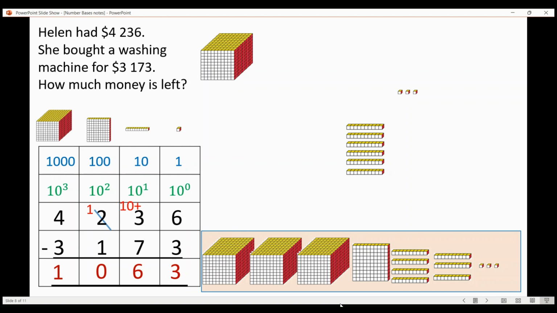And we can see we're left with 1 cube, which is 1,000, 6 tens, 60, and 3 units, 3. So 1,063. And I know we normally cancel it, but we can see the collection that we removed was 1, 2, 3 cubes. That's 3,000, 1 hundred, 7 tens and 3 ones, which is 3,173. So it makes sense.